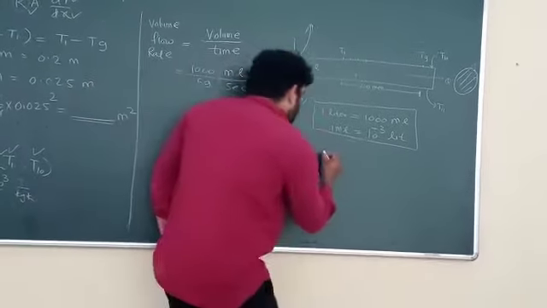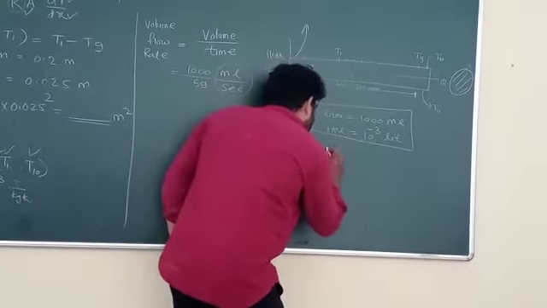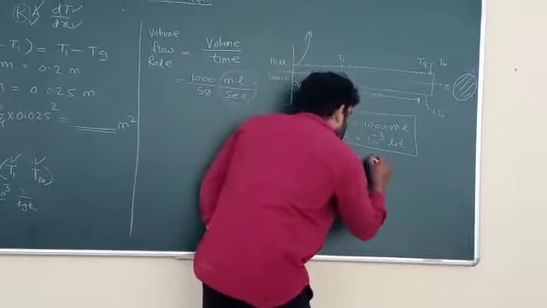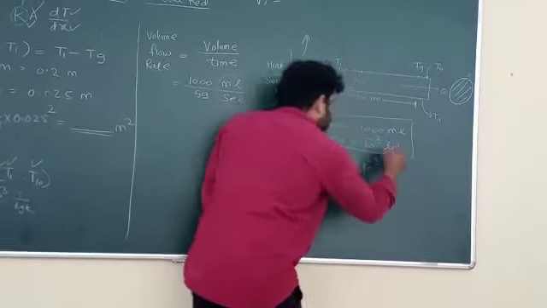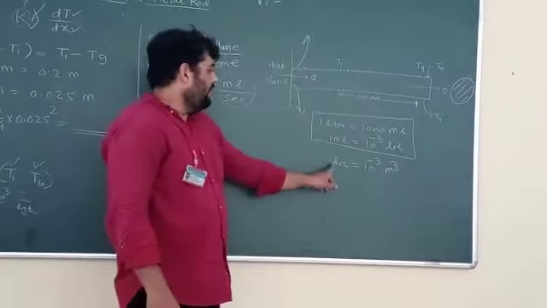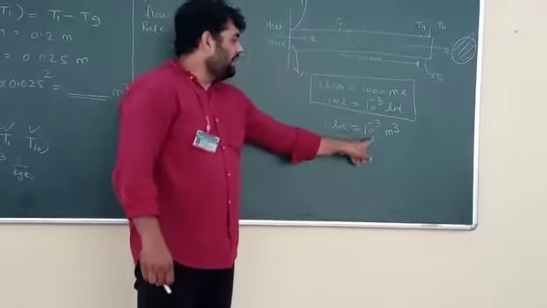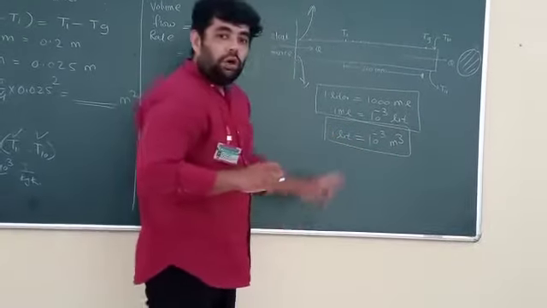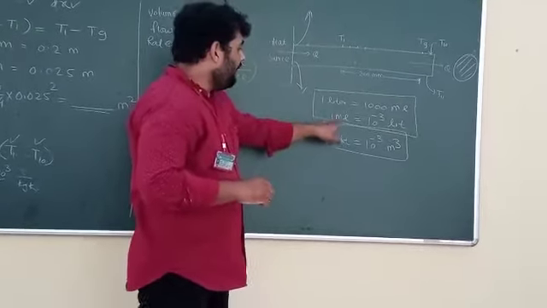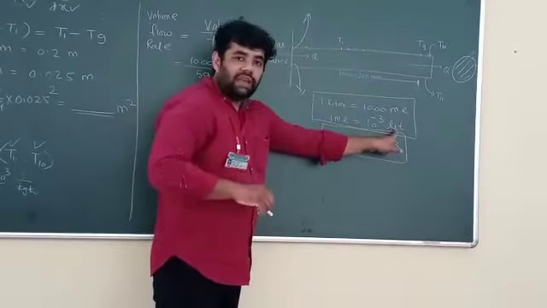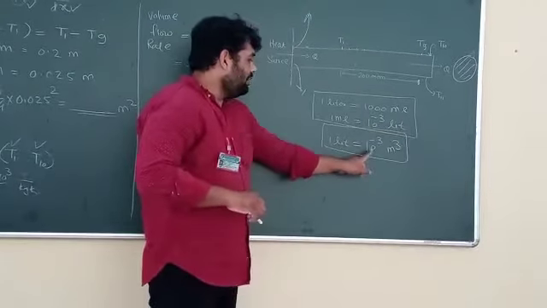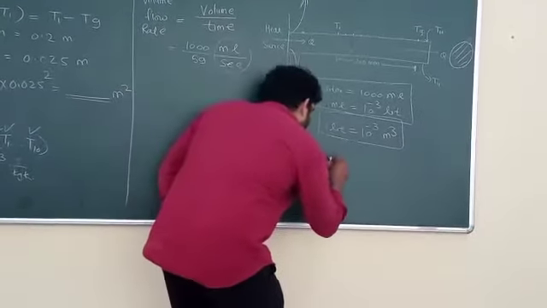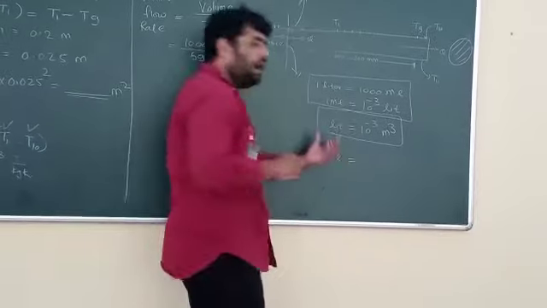Similarly, 1 liter of water is equal to 10 raised to minus 3 meter cube. Now, as 1 ml of water is equal to 10 raised to minus 3 liters and 1 liter of water is equal to 10 raised to minus 3 meter cube, I want 1 ml of water in meter cube.